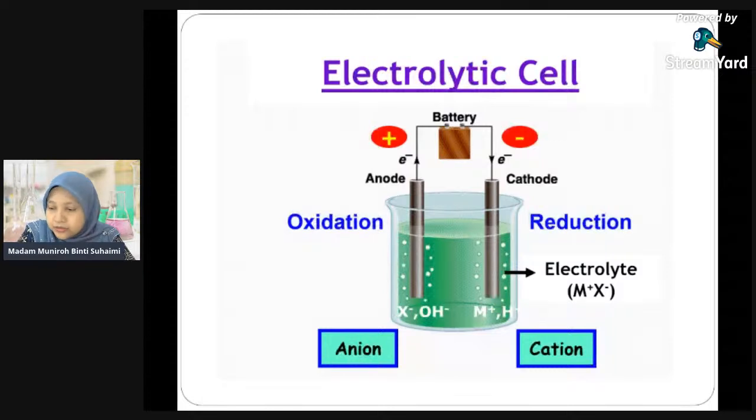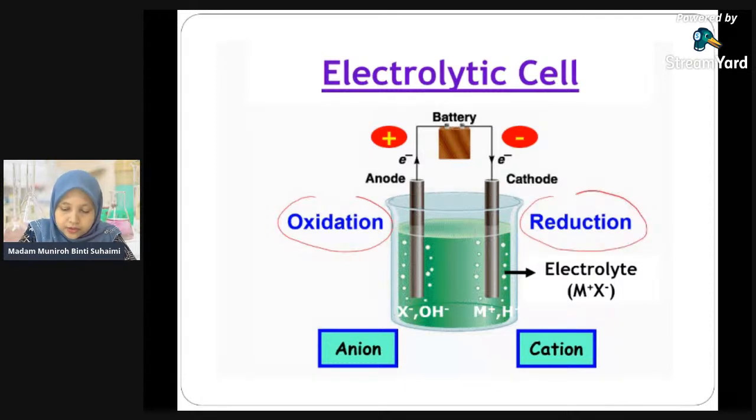The anode is the electrode connected to the positive terminal of the battery, and the cathode is connected to the negative terminal of the battery. At the anode oxidation takes place, and at the cathode reduction takes place.